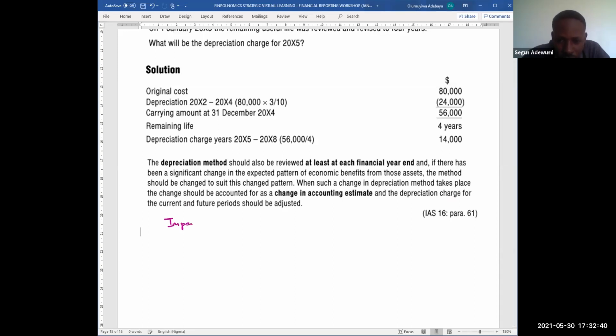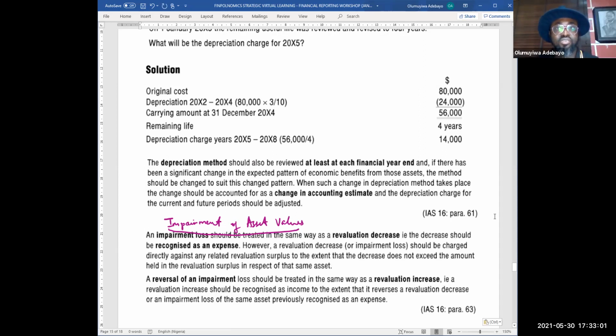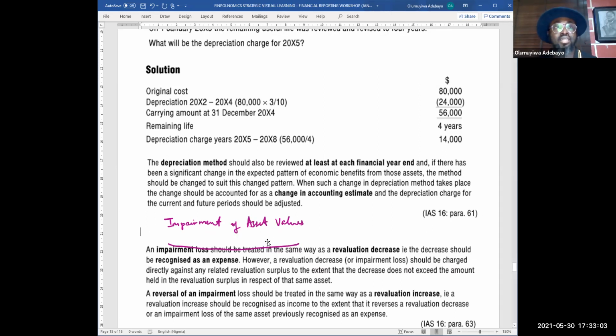When such a change in depreciation method takes place, the change should be accounted for as a change in accounting estimate, and the depreciation charge for the current and future periods should be adjusted. Okay, that is the implication of prospective adjustment of changes in accounting estimates.